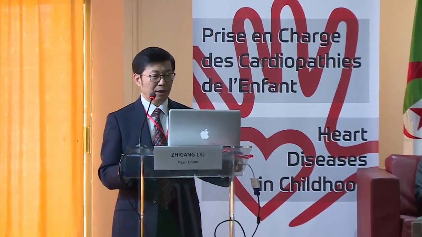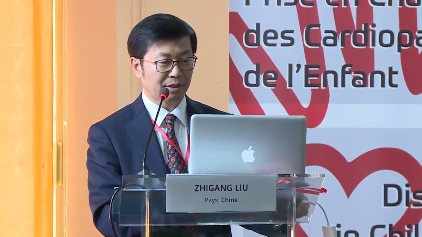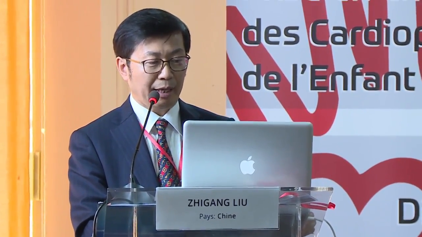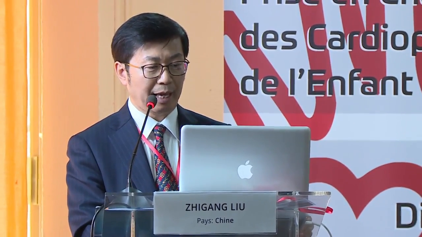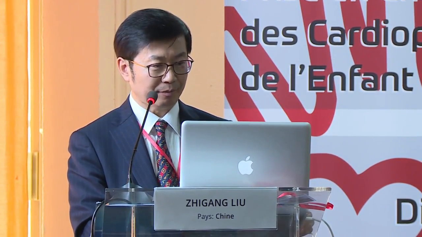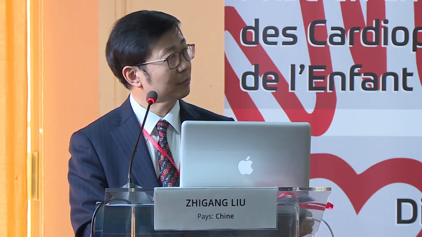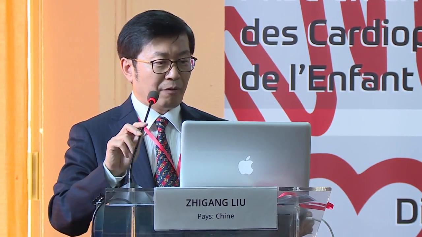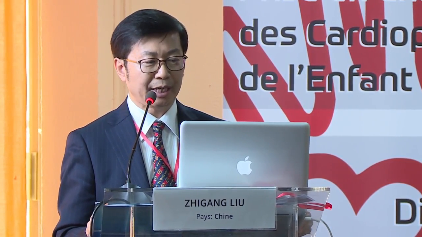The major pathology of the mitral valve insufficiency in our patient population is mitral valve prolapse associated with annulus enlargement. Aortic valve insufficiency in children can be due to or associated with ventricular septal defects or dysplasia of the aortic valve cusps.